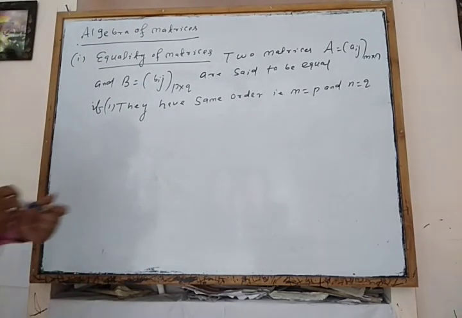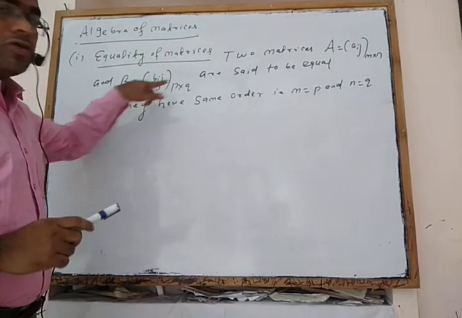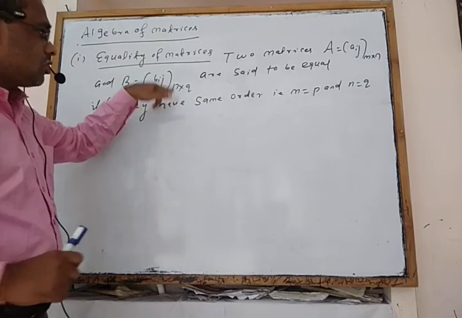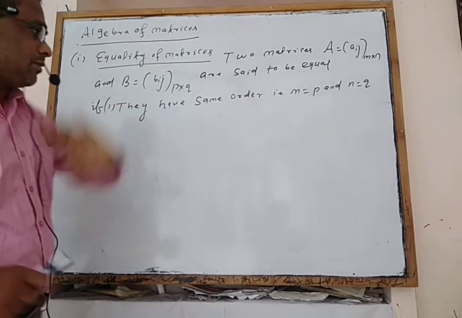The number of rows of the first matrix equals the number of rows of the second, and the number of columns of the first also equals the number of columns of the second.